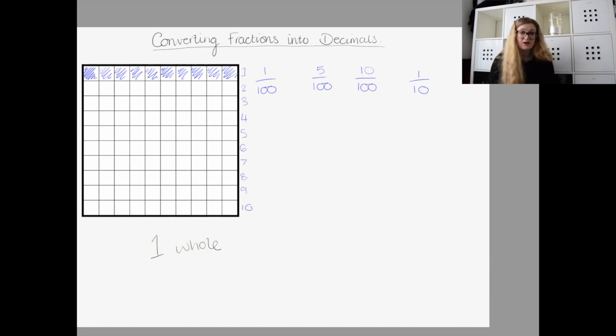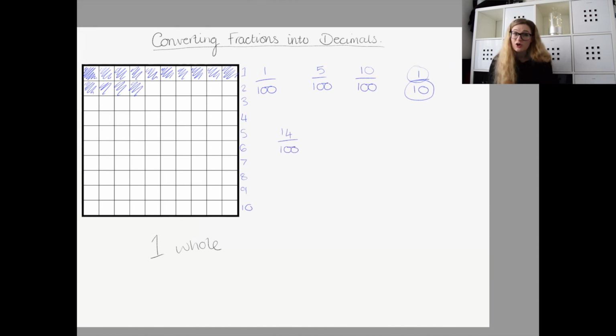If you can see, I've written down the side the numbers 1 to 10, because that's the amount of rows. I've got one whole row out of 10 coloured in there. If I was to go on and colour in another 1, 2, 3, 4, for example, I've got 14 out of 100.